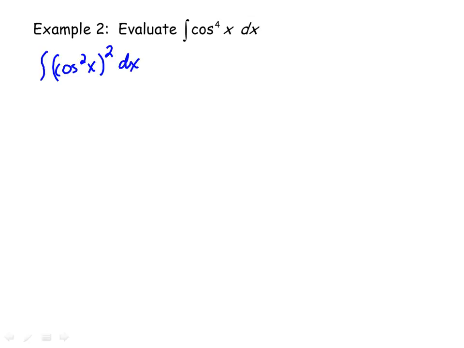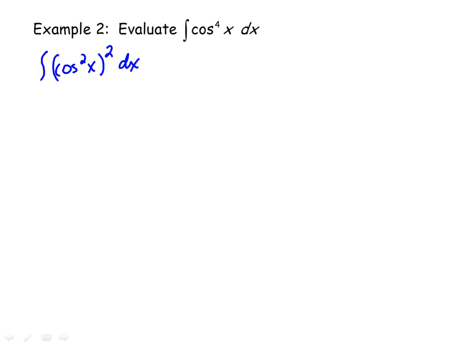Why can I not do what I did earlier? Why can I not change that cosine squared x into 1 minus sine squared x and use u substitution? Because if I let u be cosine x, du is going to be negative sine x. I don't have a sine to check off. Do you understand that? That's why we're having to change techniques.